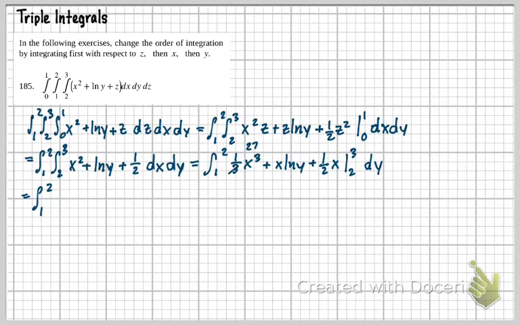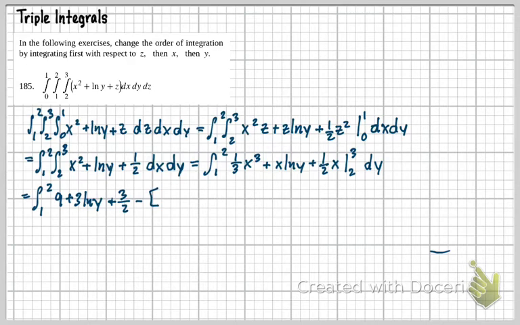Then I'd have that 3 there, so that's going to give me 9. And then 3 for the second one is just going to be plus 3 ln of y. And then for the third one, that's just going to be 3/2. So plus 3/2.